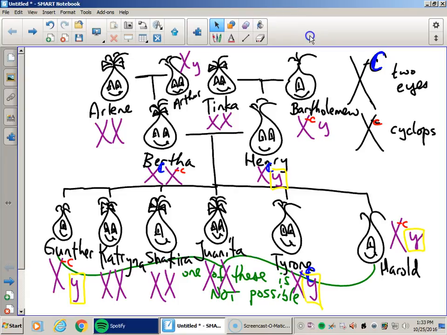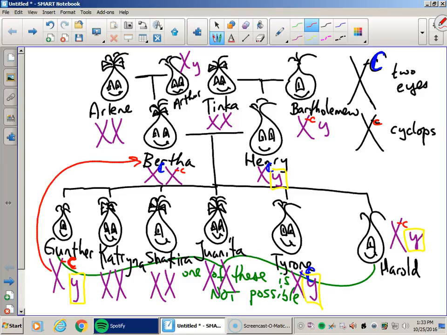Okay? And since we have little c over here, down here, we know that this X chromosome had to have come from Bertha. Right? But because Bertha herself has two eyes, we know that she must also have, whoops, sorry, wrong color, we also know that she has to have the big C gene.